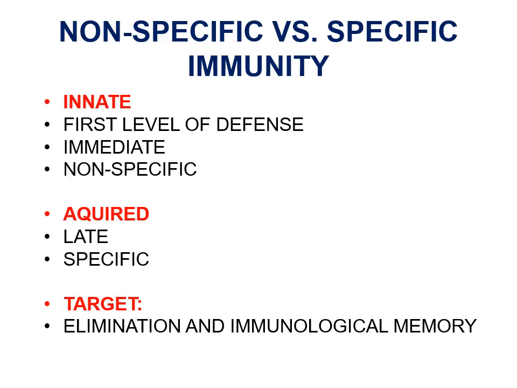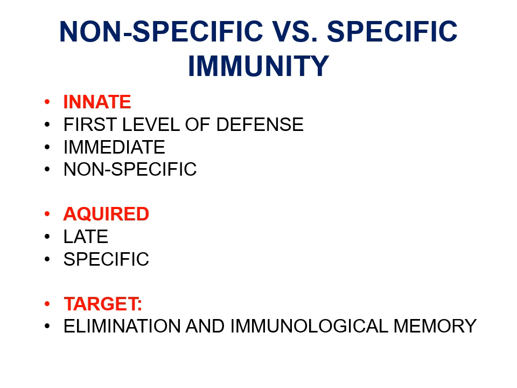Non-specific versus specific immunity. The innate immunity is the first level of defense, is immediate, which means it starts in minutes or hours. For instance, CRP protein starts to be produced in 2 hours, and it's non-specific.